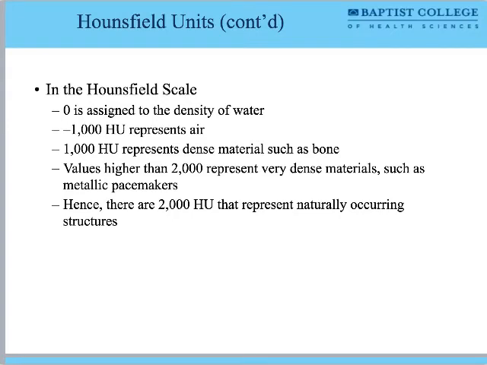What that means by naturally is stuff that is part of the human body. So the Hounsfield scale is honed in on what is normal human anatomy. We're going to represent everything in normal human anatomy as a number from negative 1,000 to positive 1,000, for 2,000 possible values inside the human body. Great question.